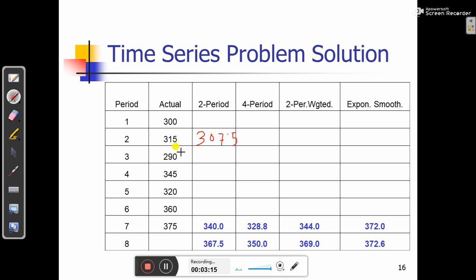Again for this one, it is almost 302.5, because if we add these two and divide by 2, then it will be this one, then this one will be almost 317.5.